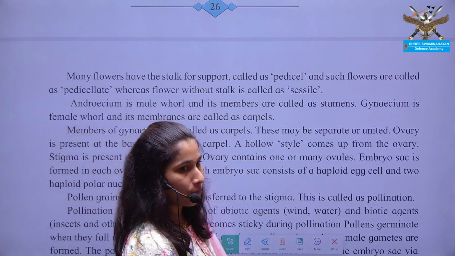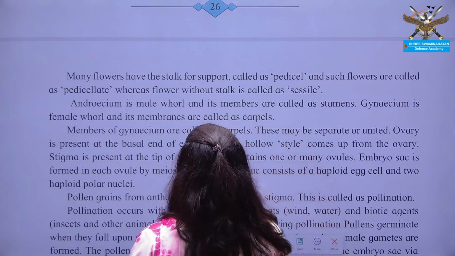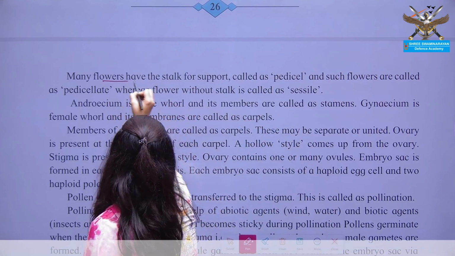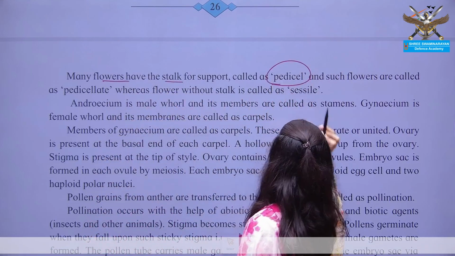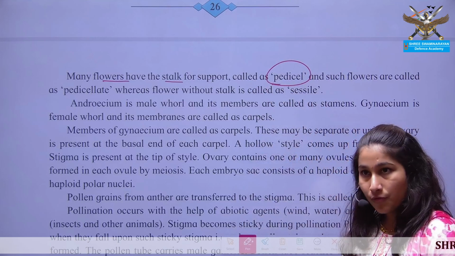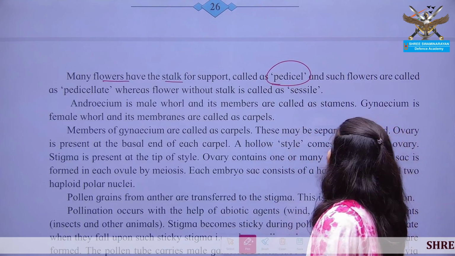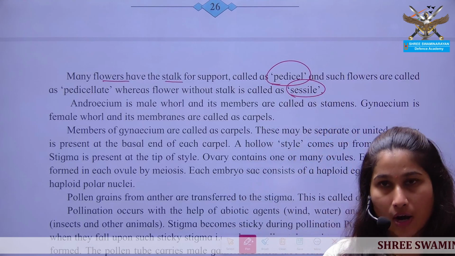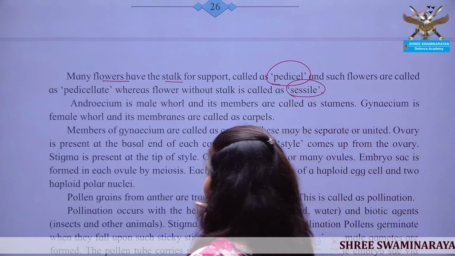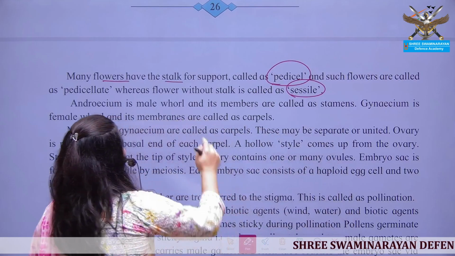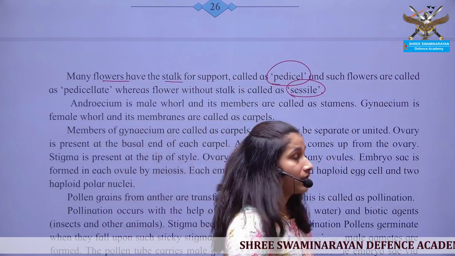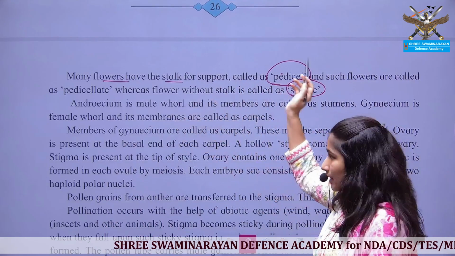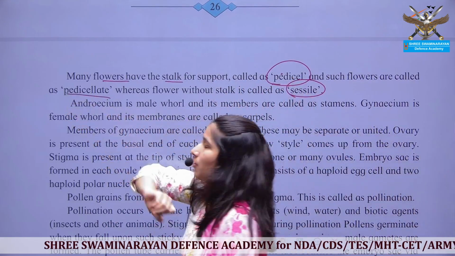There should be some kind of base to support the flower, and the stalk which is supporting the flower is known as the pedicel, and the flower which is without the pedicel is known as a sessile flower. The flower with the pedicel is known as a pedicellate flower.